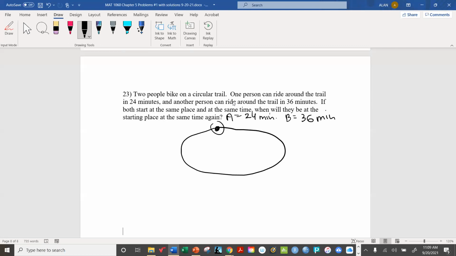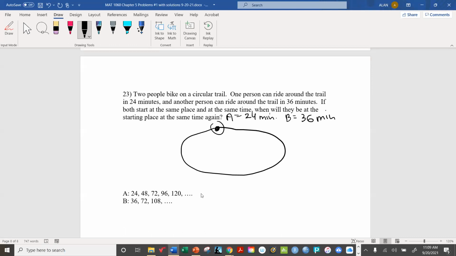Oh, now you've seen problems like this before. It sounds like it's impossible, but when you stop and think about it, why don't we do this? For Mr. A, let's draw up a list of all the times that he'll be back at the starting point: in 24 minutes, in 48 minutes, in 72 minutes, in 96 minutes, 120 minutes. And let's say this is Miss B, and she'll be back at the beginning in 36 minutes, in 72 minutes, in 108 minutes. Wait a minute, what happened?